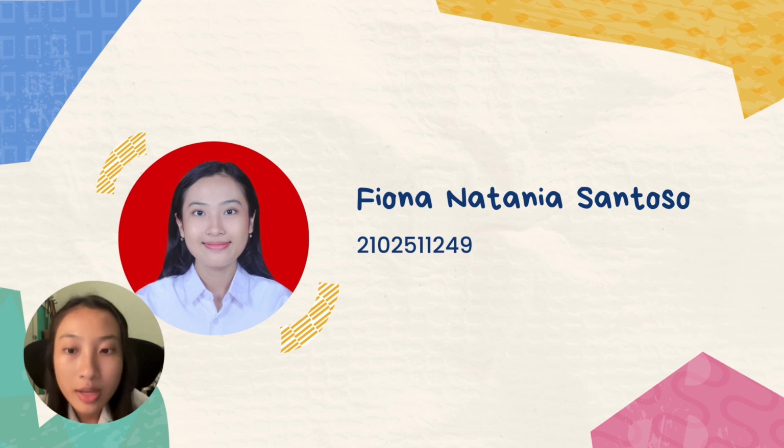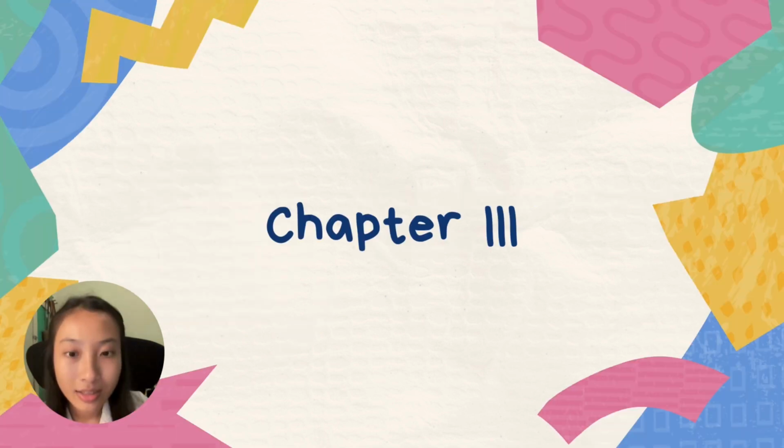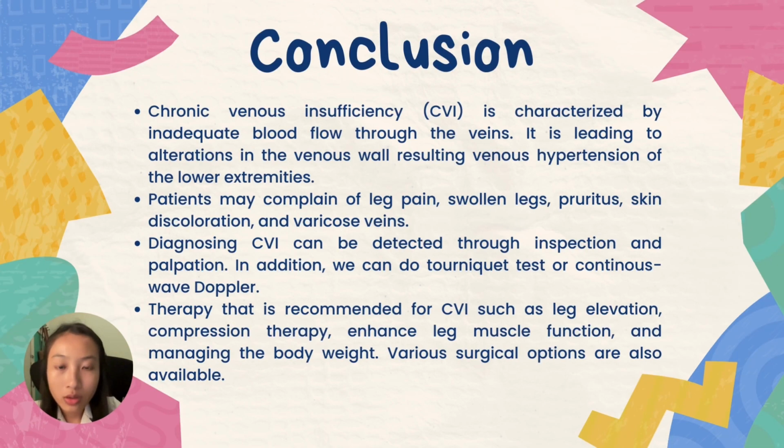Now we are going to discuss chapter 3, which is the conclusion and suggestion. The conclusion from our student project: chronic venous insufficiency, or CVI, is characterized by inadequate blood flow through the veins, and it occurs when the valves within the veins become weakened or damaged, resulting in venous hypertension of the lower extremities.